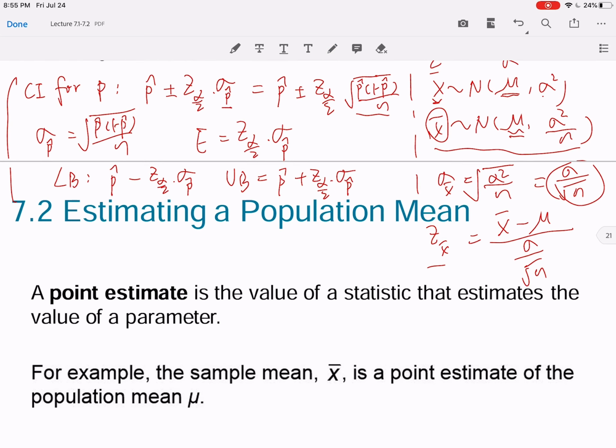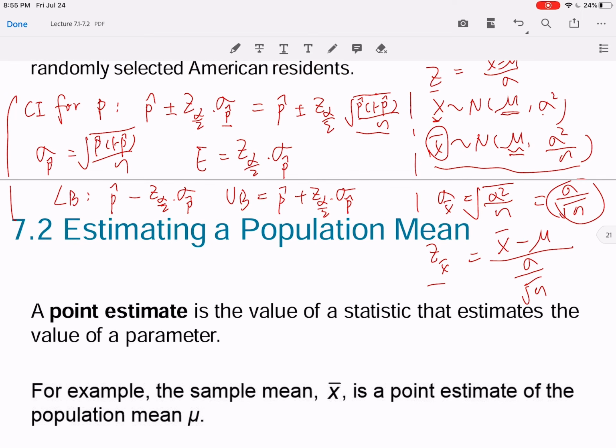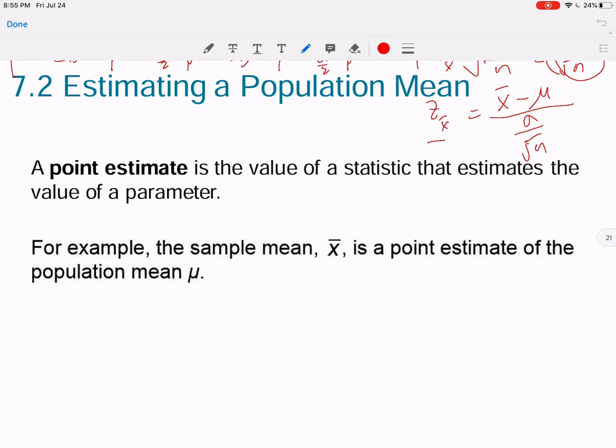Let's take a look at how to estimate the population mean. First of all, of course, the idea is very similar.